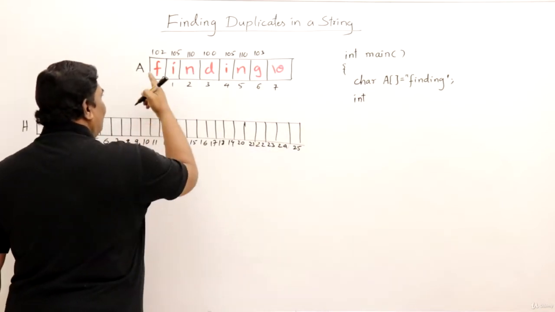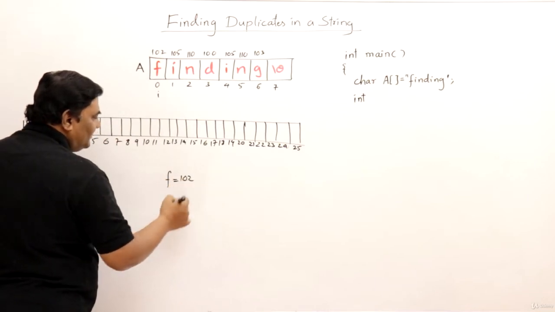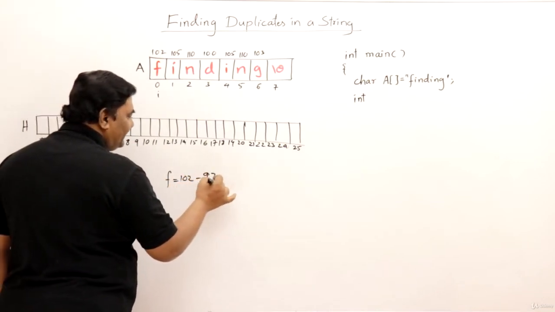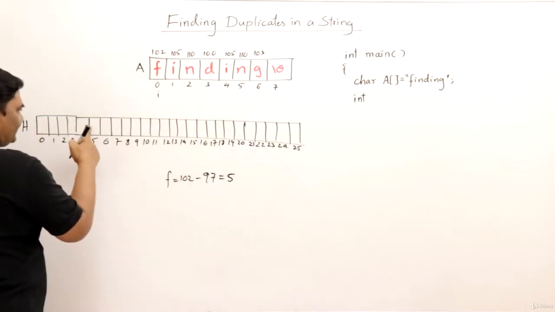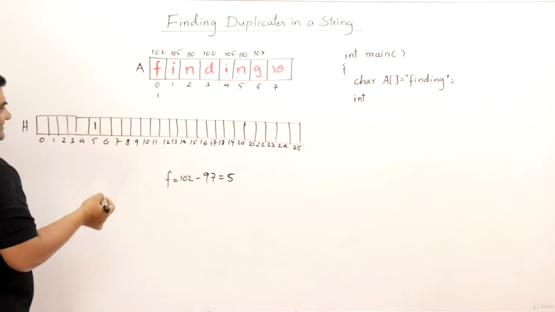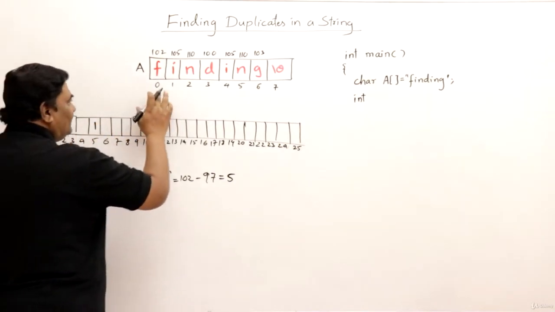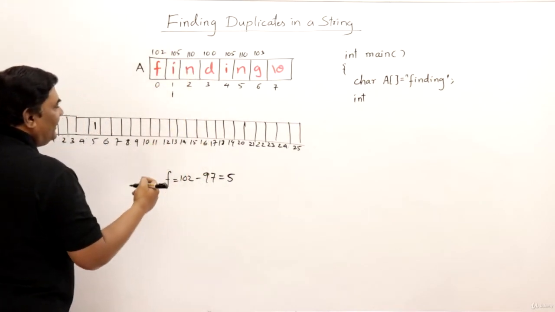First alphabet, F. ASCII code of F is 102, right? Minus 97, this is 5. So go to index 5, it is already 0, just increment it. So it is 1. Then move to the next alphabet, I. This is 105.